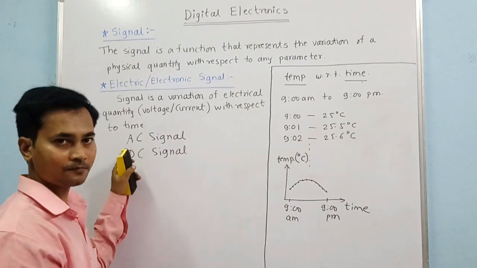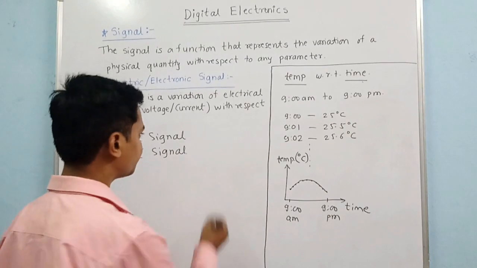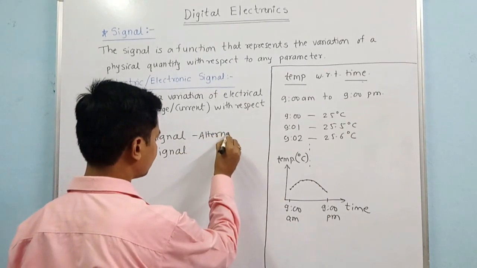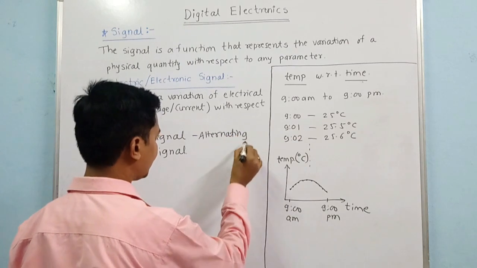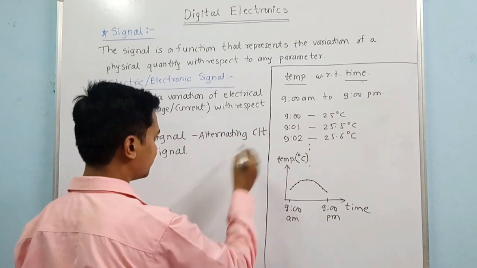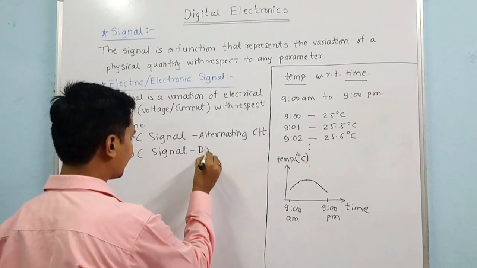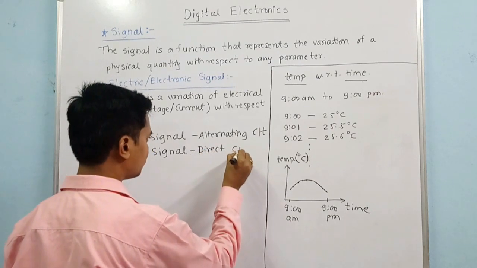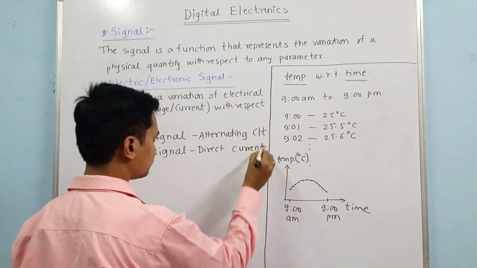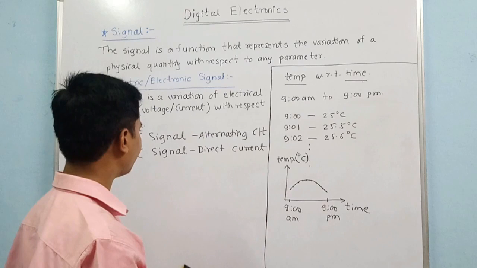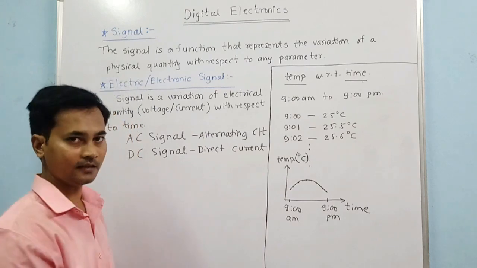AC stands for alternating current, and DC means direct current. Now let's see the difference between AC signal and DC signal.